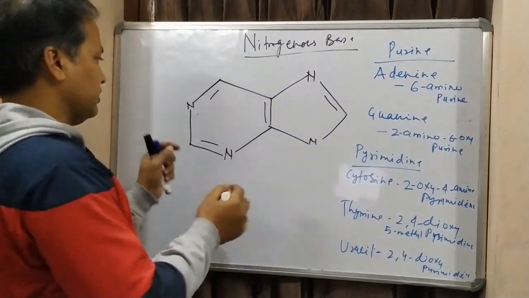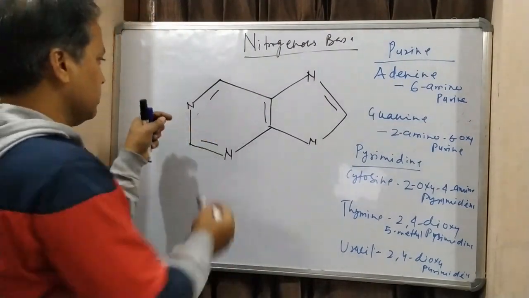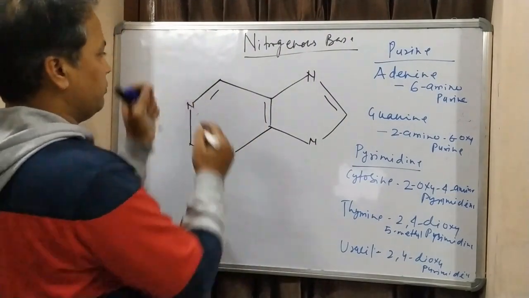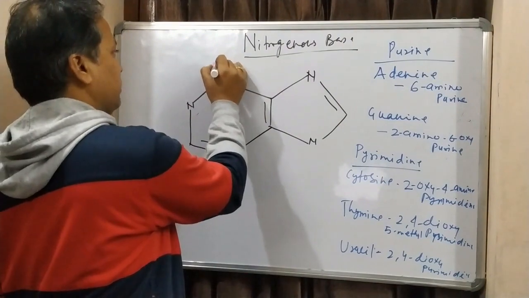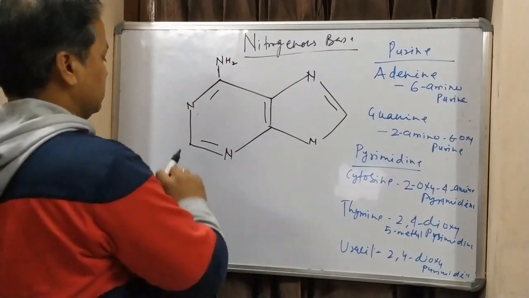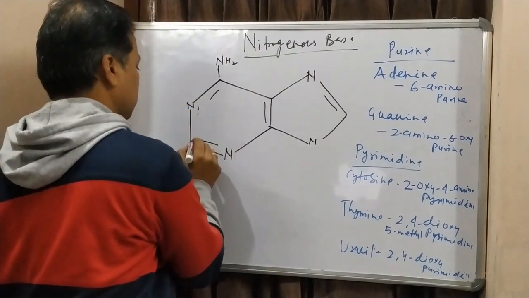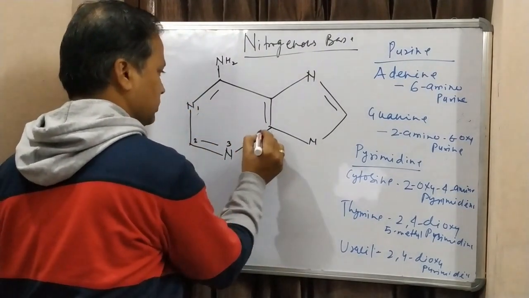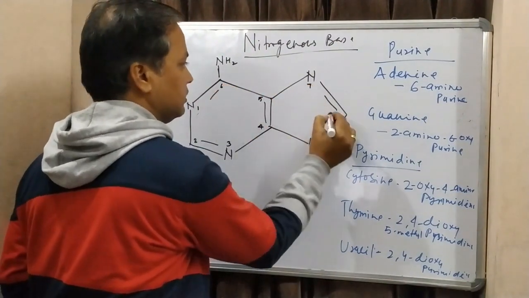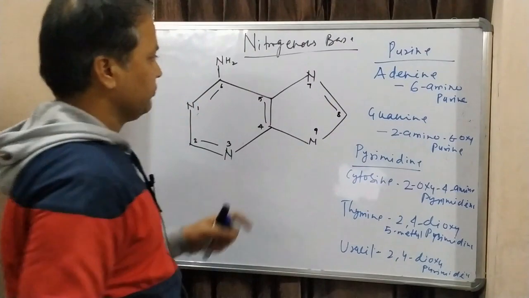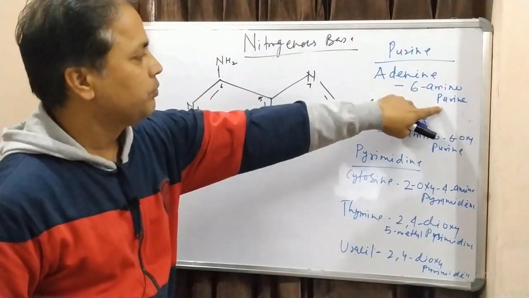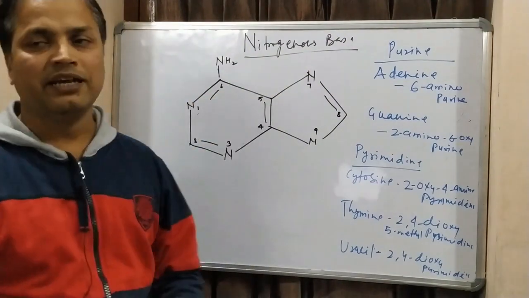You can remember, you have seen this in the nomenclature when I did the numbering: number 1, 2, 3, 4, 5, 6, 7, 8, 9. If you put an amino group at position 6, this is our adenine.